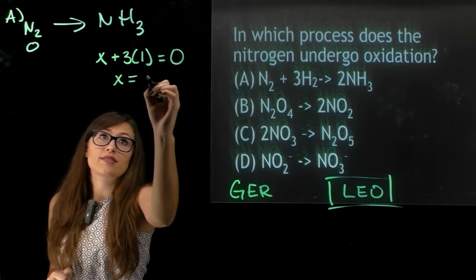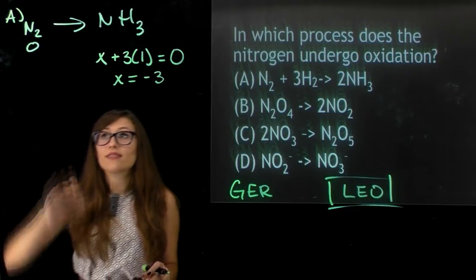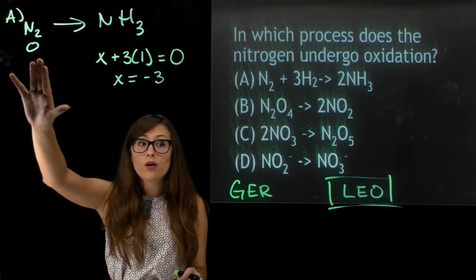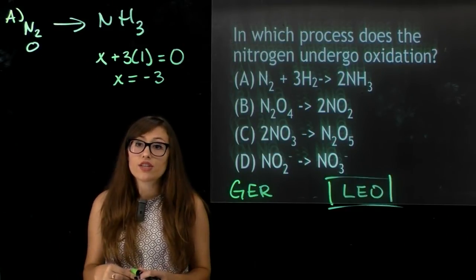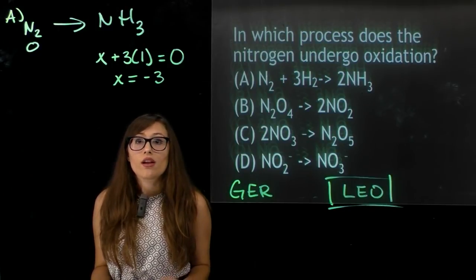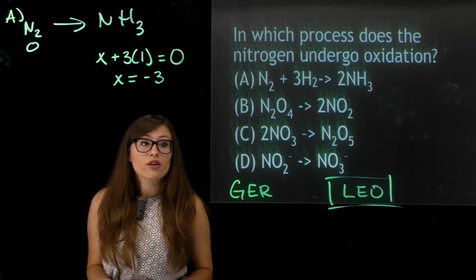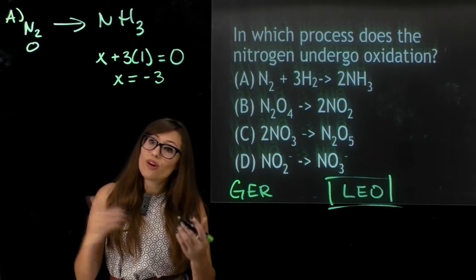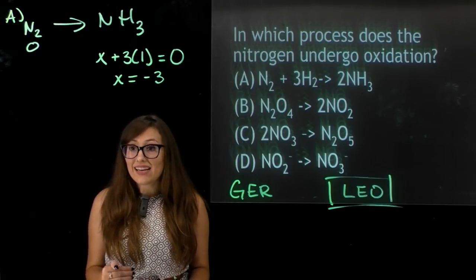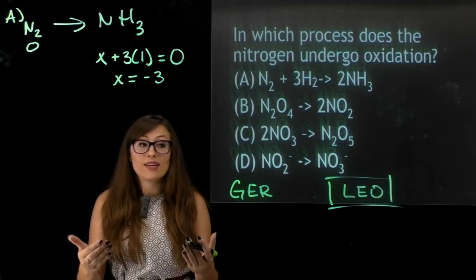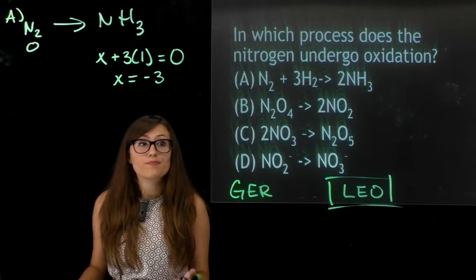And we can solve for x to be -3. So in this case, nitrogen is going from 0 to -3 for the oxidation number, so it's not undergoing oxidation, it's undergoing reduction. Remember, the more negative it is, that means it's gained electrons. The more positive it is, that means it's lost electrons.